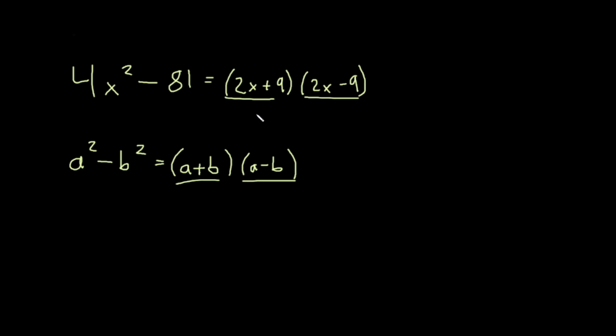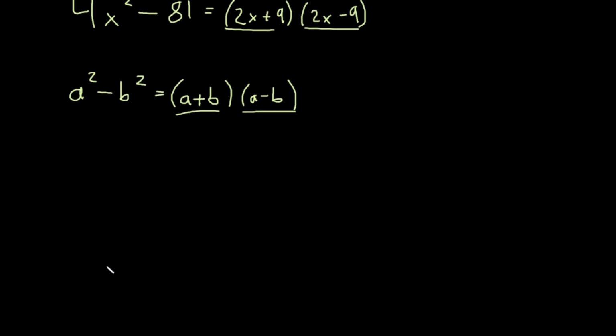Now, how does this tie into division with radicals? Well, often in division of radicals, you'll have to do something known as rationalizing the denominator. Essentially, that means, say you have 2 plus root 2 over 3 minus root 3.